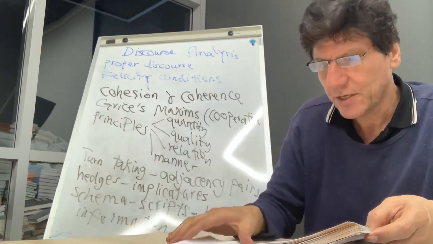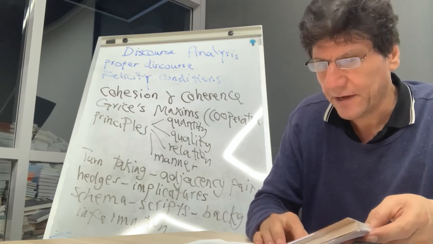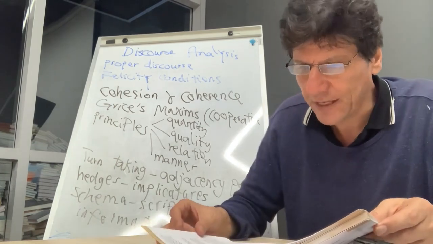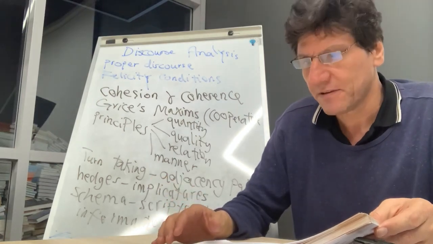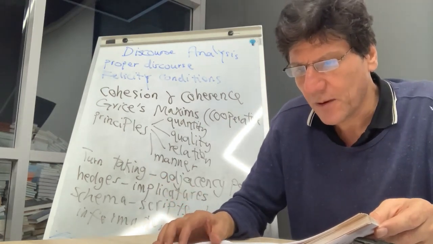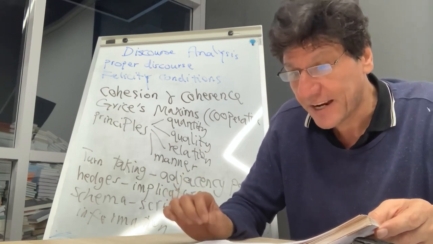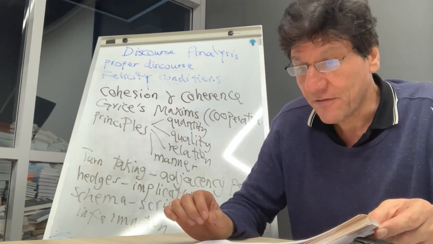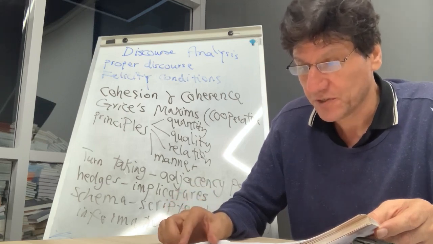What are the conditions or characteristics of hedges? I read in your book, it is on page 175: we can use certain types of expressions called hedges to show that we are concerned about following the maxims while being cooperative speakers.